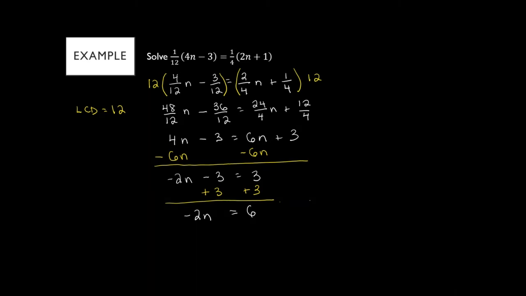And then last step, I want to divide both sides by negative 2, since that's the number in front of the n. So I'm going to divide both sides by negative 2. And so that leaves me n equals, and then a positive divided by negative is negative. 6 divided by 2 is 3. So we end up with n equals negative 3.